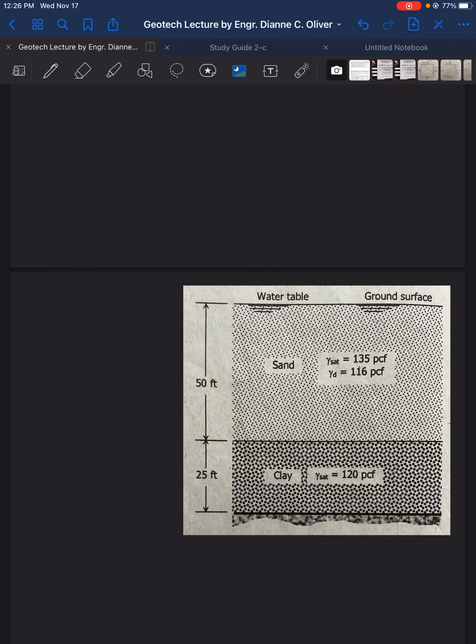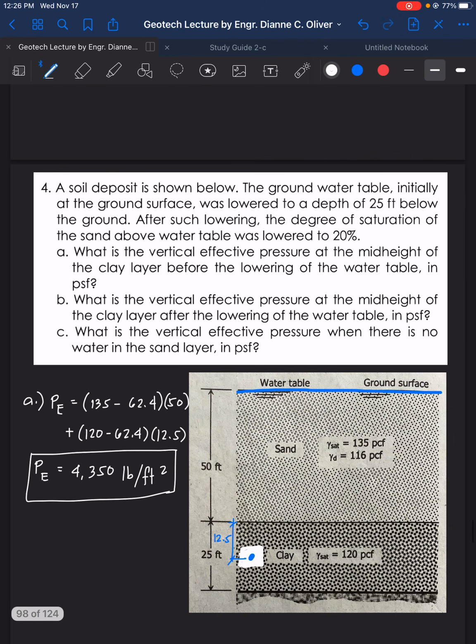For the second condition, remember that it was lowered 25 feet, and in such lowering, the degree of saturation of the sand above the water table was lowered to 20%.